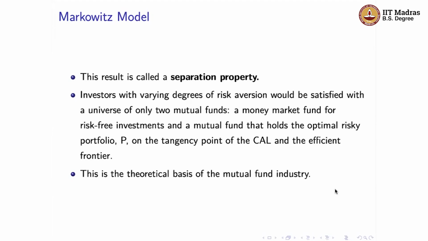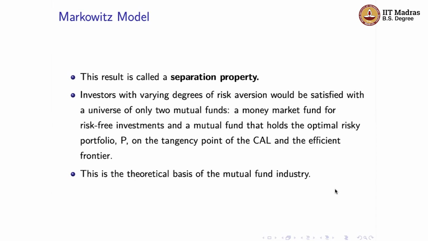There are other reasons as well, based on different constraints that different investors might face, such as whether you can actually short some assets or not, as well as whether you have different tax implications depending on the amount of money that you have and so on. So if you factor in those different things, then it's possible that there might be different optimal risky portfolios for different investors.